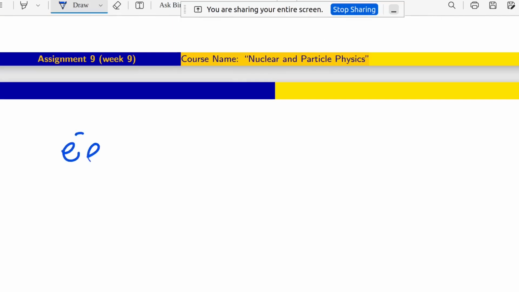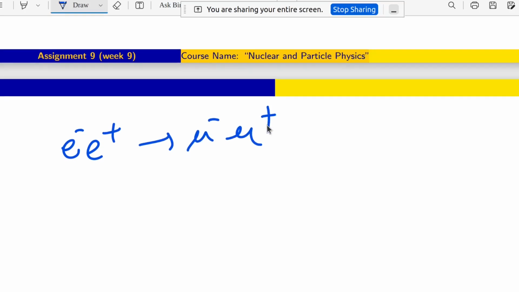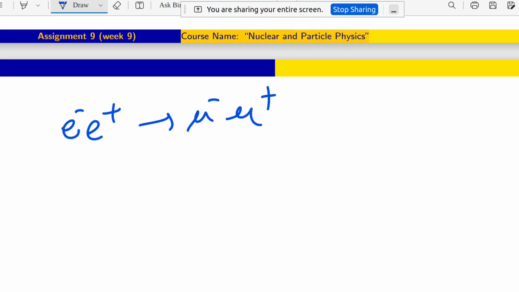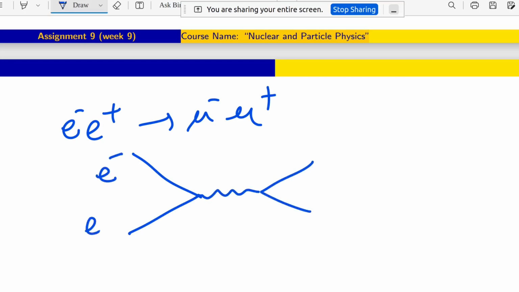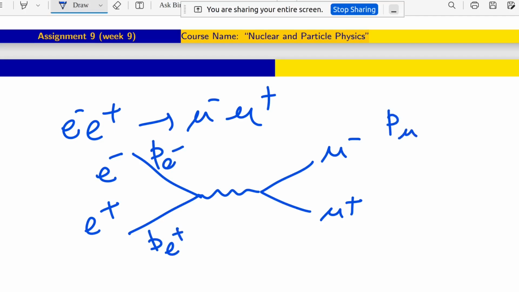So e minus e plus going to mu minus mu plus. If I write a Feynman diagram, I think you all know what a Feynman diagram is, but I'm not going to write the exact Feynman diagram, let's say I'm just writing like that: e minus, e plus, mu minus, mu plus. The momenta are Pe minus, Pe plus, P mu minus, P mu plus.